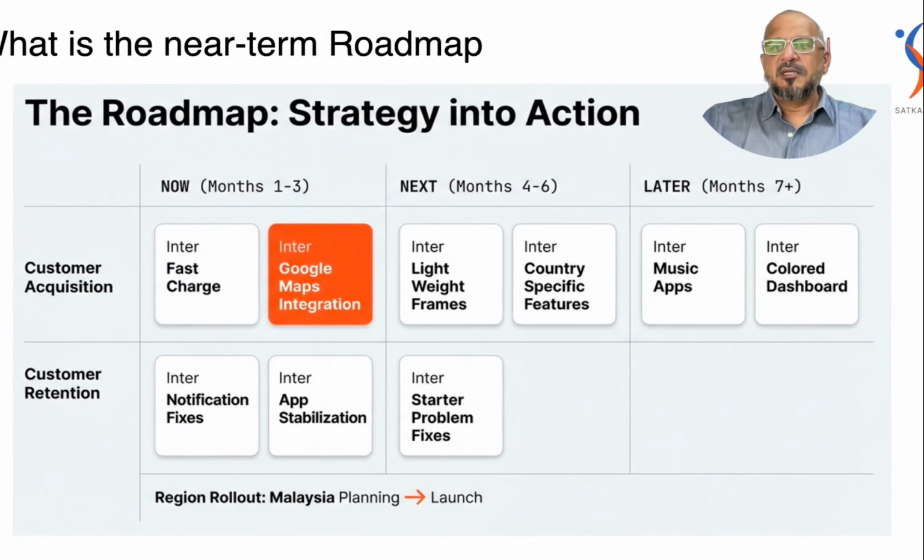So the now, next, later priority matrix helps greatly. Once you have this, you are categorizing features into those that bring new customers versus other features which keep the current customers happy, right? For example, the notification feature. Remember, our customers have complained that your notification arrives late, right?